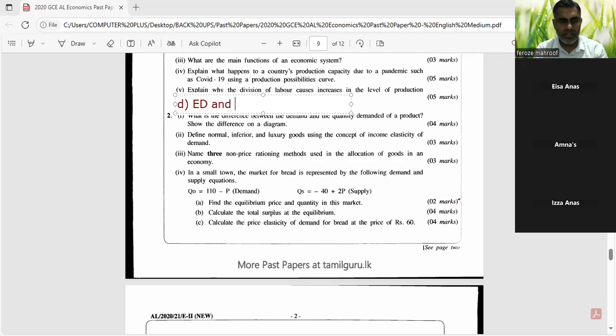Excess demand and excess supply functions. First of all, see whether you can find these excess demand and excess supply functions.